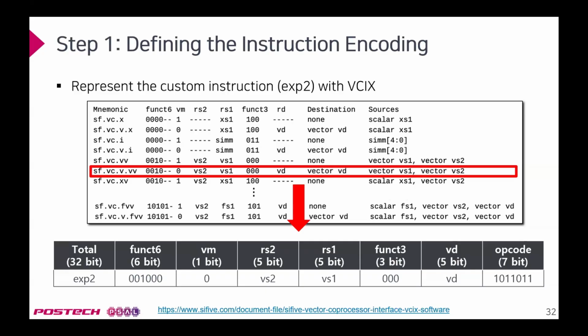As you can see on the slide, we already set funct6, VM, funct3, and the opcode to specific values like this. This gives us a unique 32-bit encoding that the simulator can decode, and we will use this bit encoding.